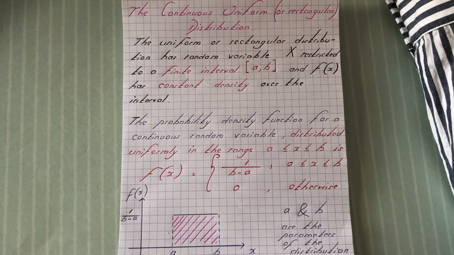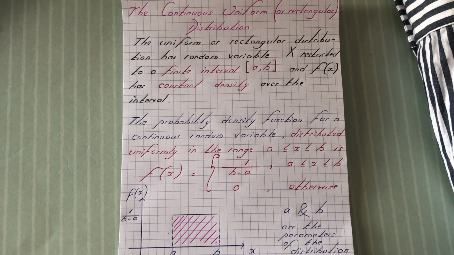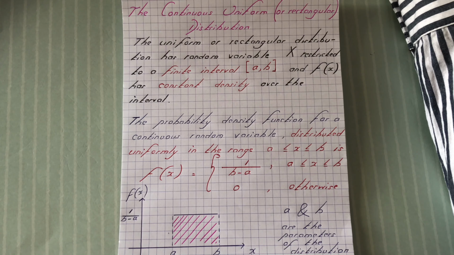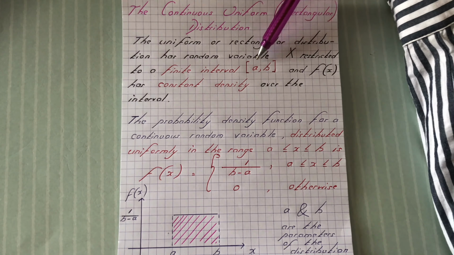Hey everyone, in this lecture we are going to look at the continuous uniform distribution, or rectangular distribution. The uniform or rectangular distribution has random variable x restricted to a finite interval [a, b].